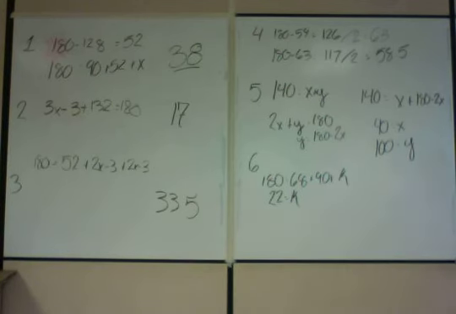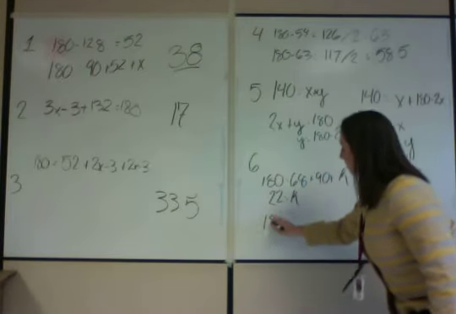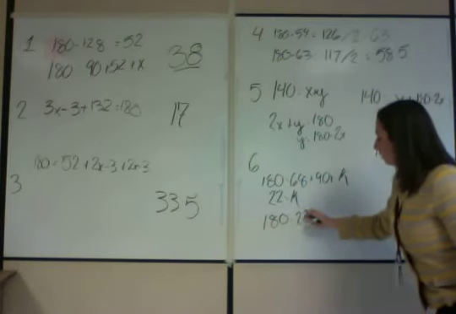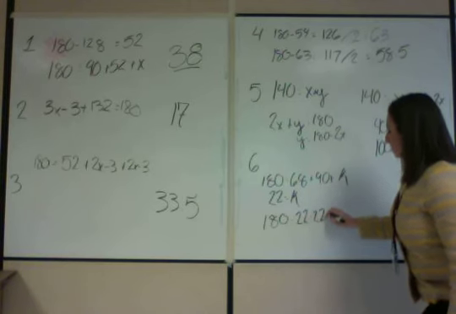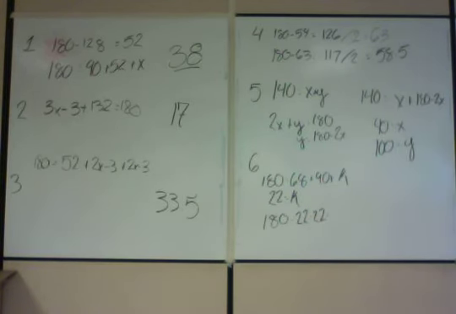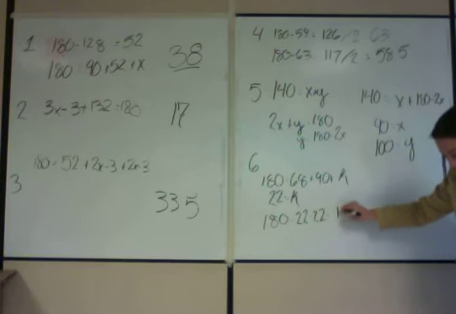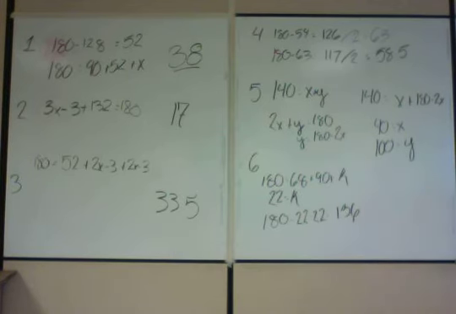Because it's that triangle and I have those 22. So I have 180 minus 22 minus 22. That's going to give me 136 for that other angle, that KML.